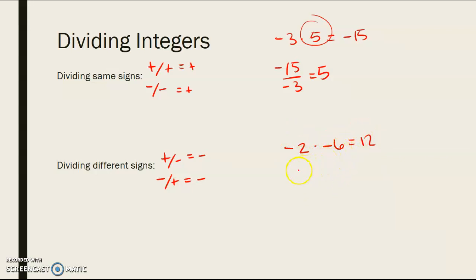Then when we go to do the division, 12 divided by, we'll choose the negative 6, I'm left with the negative 2. And so here's a visual of that: positive divided by a negative equals a negative. So different signs equal negative, and same signs equal positive. Same rules as multiplication, it's just now we're dividing.